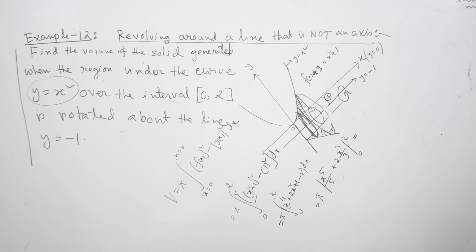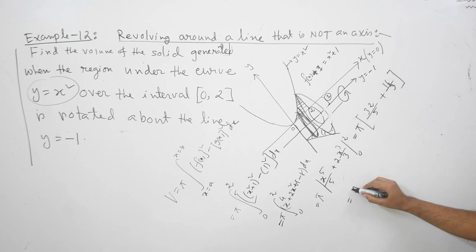So if you put 2 here, 2 to the power 5 equals 32 divided by 5, plus 2 cubed is 8, times 2, 16 by 3, and if you put 0, it will be 0.